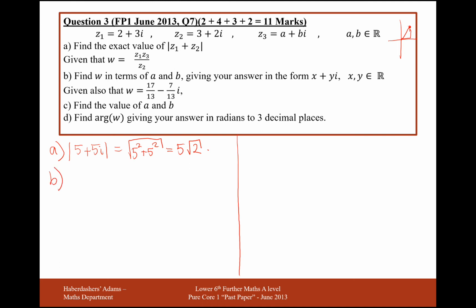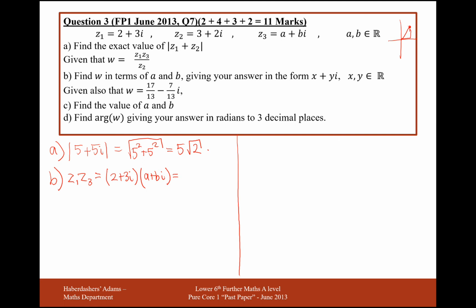Part B looks for us to find W, which is Z1 times Z3 over Z2 in the form x plus yi in terms of a and b. So what we'll do first is we'll do Z1 times Z3. So Z1 was 2 plus 3i, and Z3 was a plus bi.